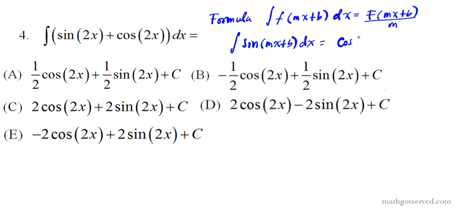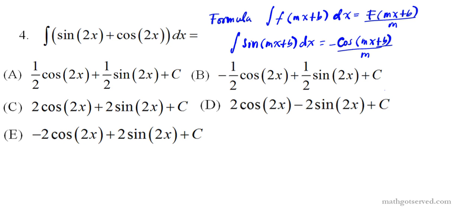So we have cosine of mx plus b over m. Now you ask yourself, it's easy to think going backwards. If you differentiate cosine, does the sign change? The answer is yes. So when you're integrating, the sign changes also.